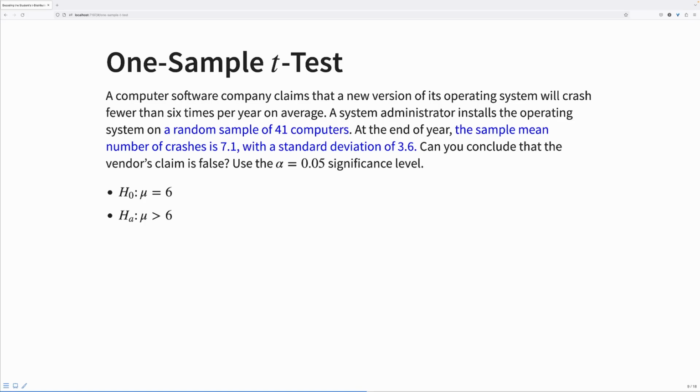The null hypothesis is mu is equal to 6, and the alternative hypothesis is mu is greater than 6, if we want to conclude that the vendor's claim is false, so the number of crashes should be greater than 6.